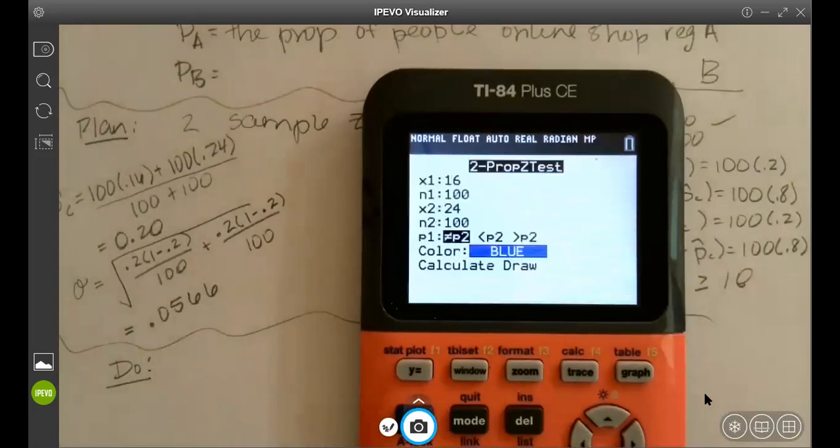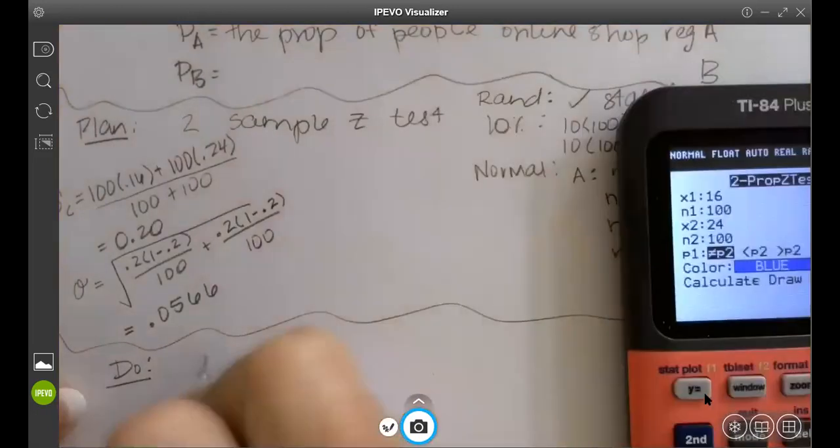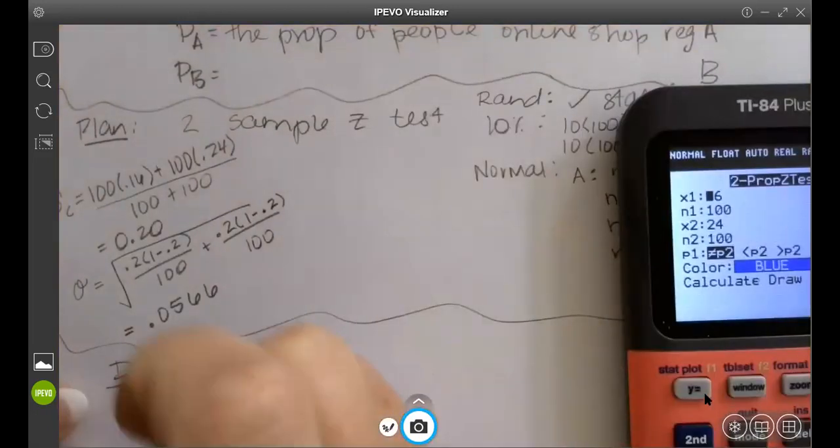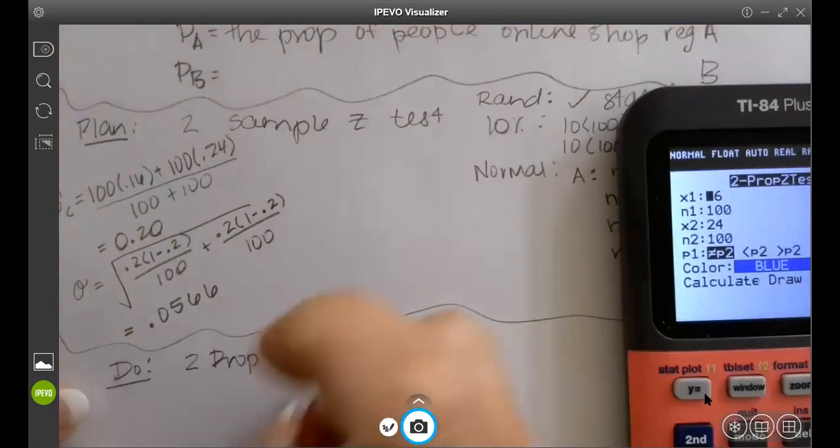Do we have 2 proportions? Yes, we have 16 out of 100 and 24 out of 100. We're trying to figure out if it's not equal. Okay, P1 or PA is not equal to PB. So I'm going to write that down. 2 prop z-test.